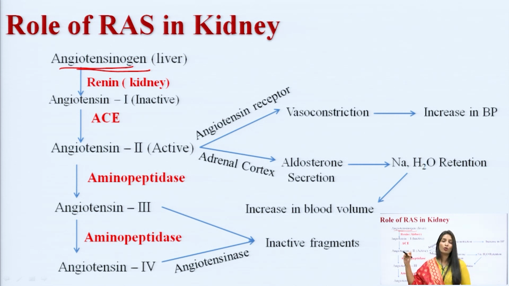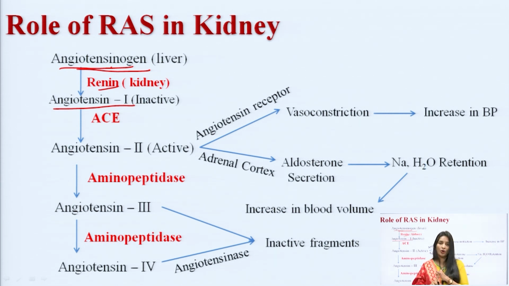And how is the renin going to form? The juxtaglomerular cells in the kidney will help the pro-renin to convert to renin, right? Here the renin आपका form हो चुका है, and with the help of this renin, angiotensinogen will be converted into angiotensin 1, okay. Without renin, there is no conversion of angiotensinogen to angiotensin 1.